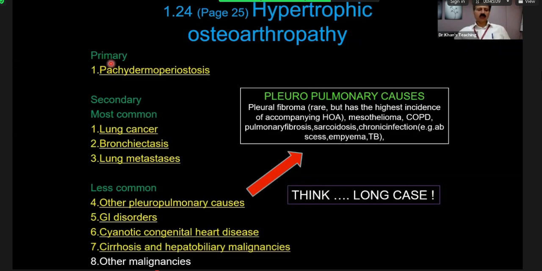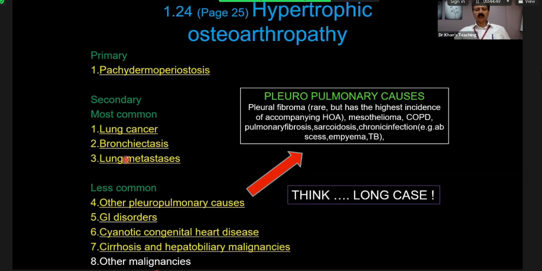In your book, it is divided into primary and secondary. Primary is pachydermoperiostosis, and this is familial. Secondary, most common: lung cancer, bronchiectasis, lung metastasis. With this background, please remember whenever you find this kind of finding, you have to investigate further to rule out the underlying cause.